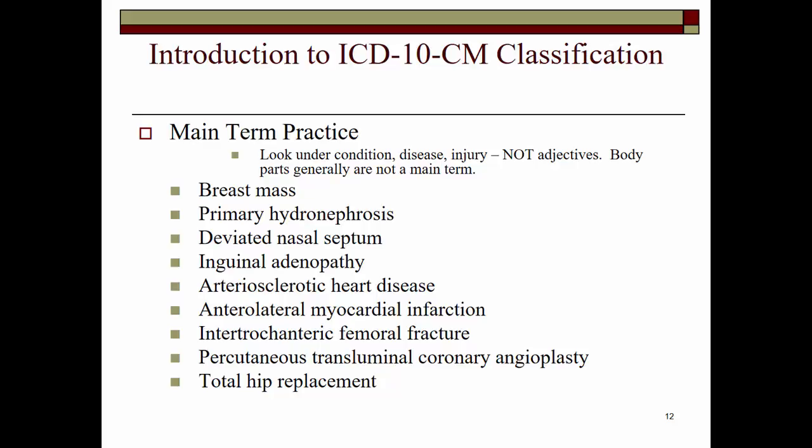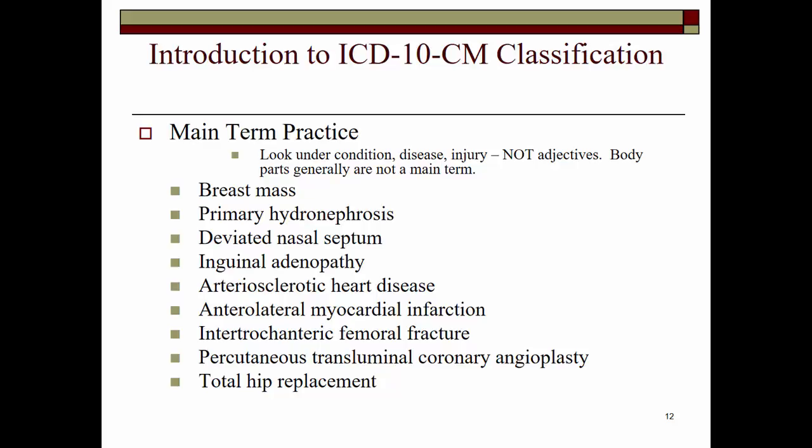And when we look at the documentation in the chart, we then have to look at the diagnosis, the terminology, identify what the main term is, and then go to the alphabetic index in the diagnosis book.